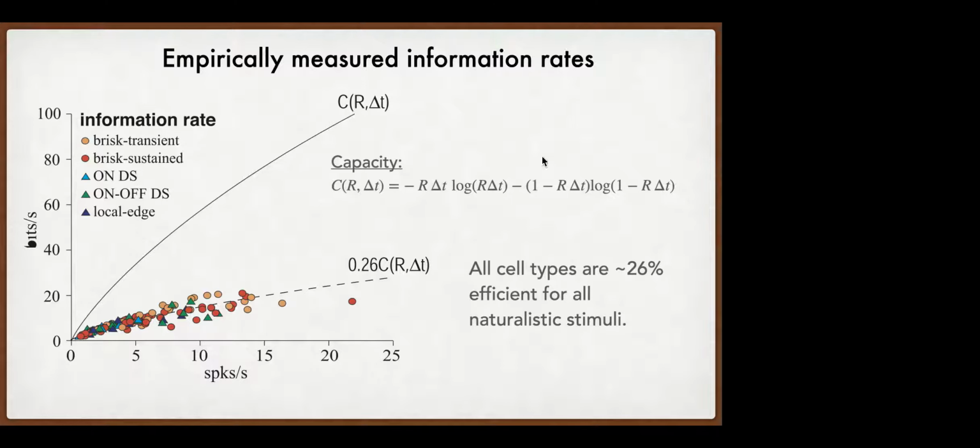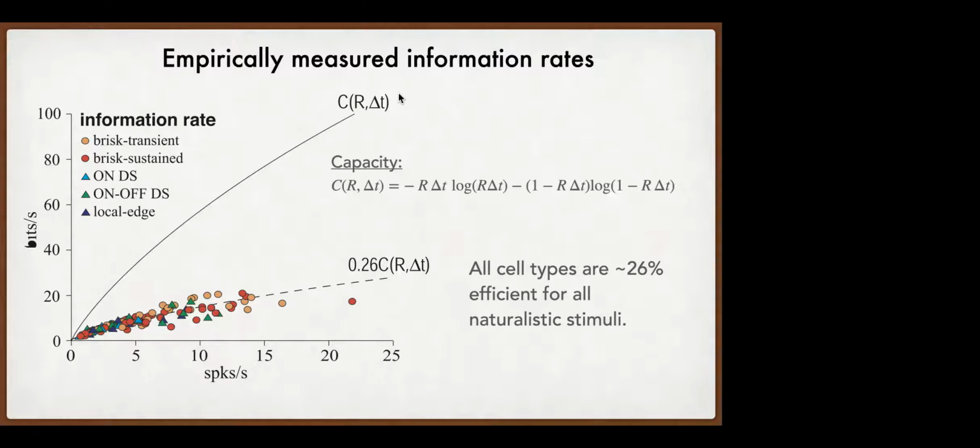So then using the techniques we just described, where you measure the information rate of neurons, you can show that all of these different neural types actually lie on another curve, which is about 26% of the ideal neurons. In other words, all cell types are about 26% efficient for all naturalistic stimuli. That appears to be the case.